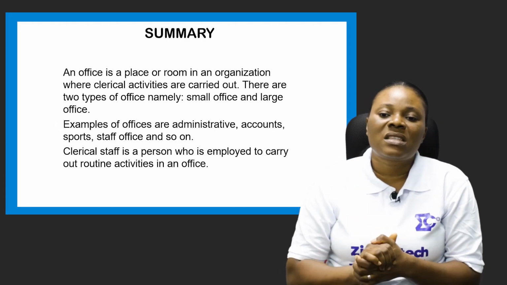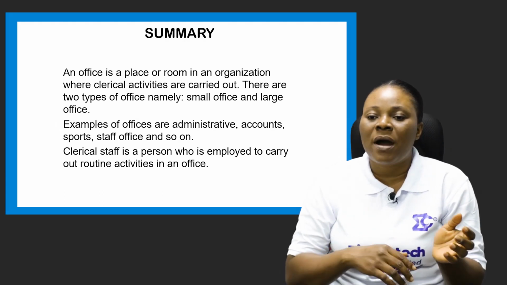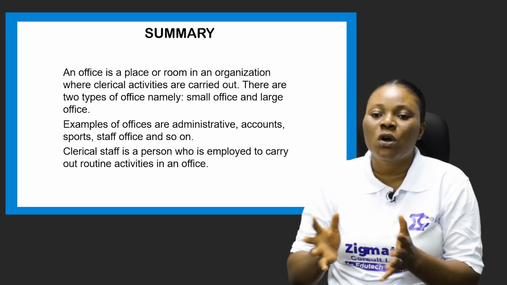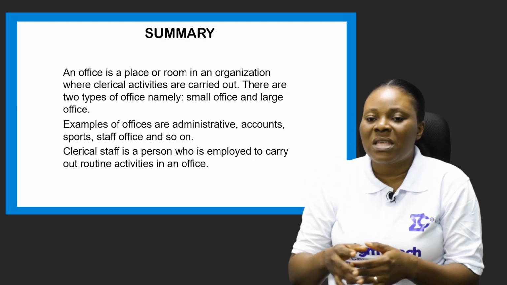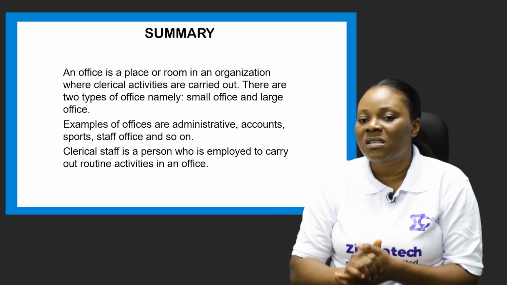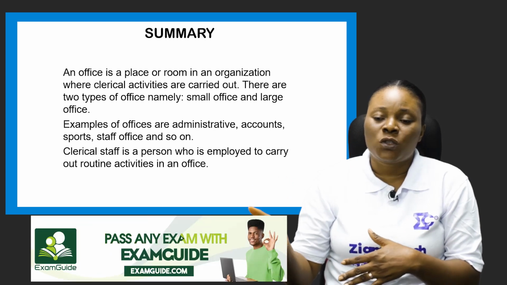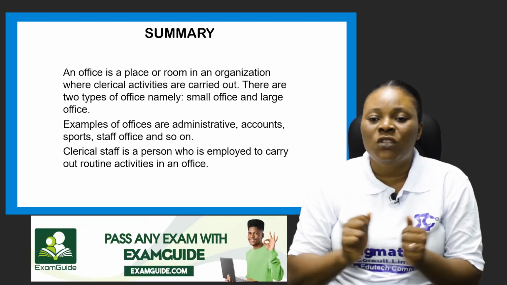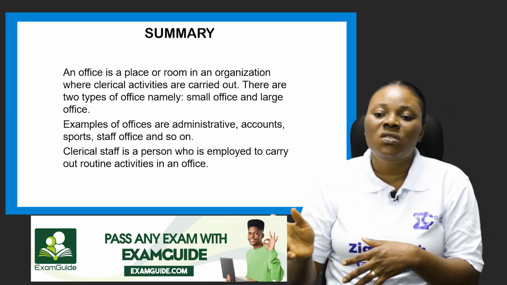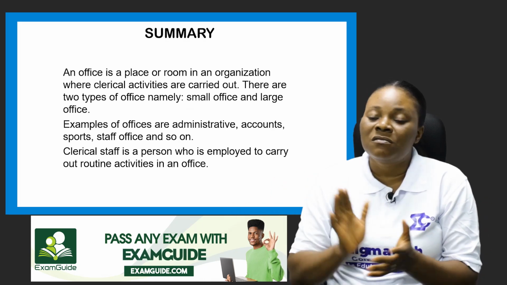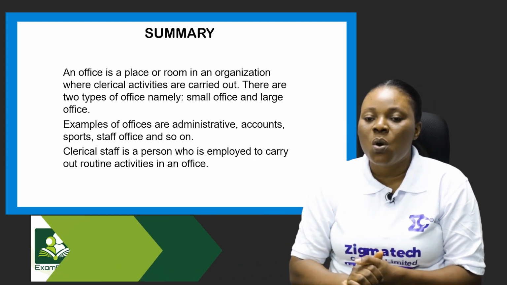We said the clerical staff is a person who is employed in an establishment to carry out what we call routine jobs or routine activities. What are examples of these routine activities? Treating mails, working with a photocopier machine for duplicating documents, treating mails on staff matters, going to the post office to post and receive letters, and so on.